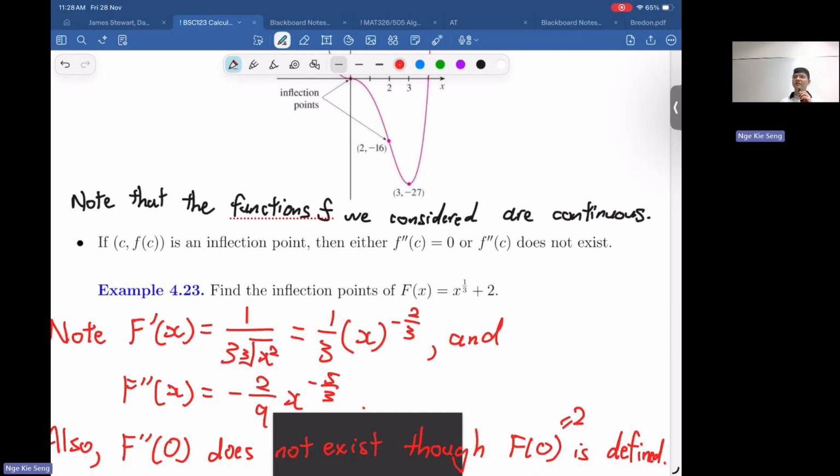But it satisfies one of these. This is the conclusion, not the other direction. You're right. This is not an if and only if statement. So if it is an inflection point, then these two things have to happen. But if these two things happen, it might not be an inflection point. It doesn't go the other direction.